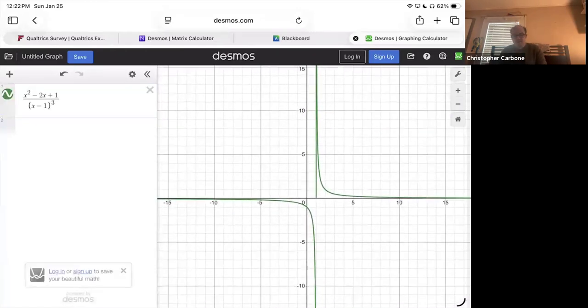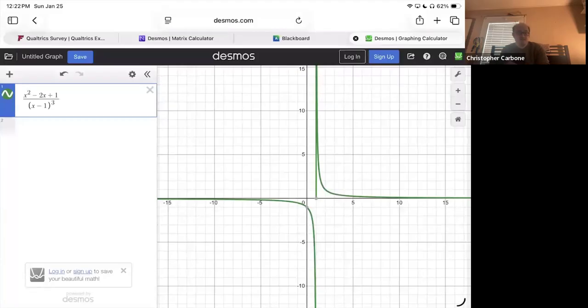As we approach that value of 1 from the left, we are decreasing without bound, as we can see. That keeps on decreasing. Likewise, if we move from the right, you can see that it keeps increasing without bound.